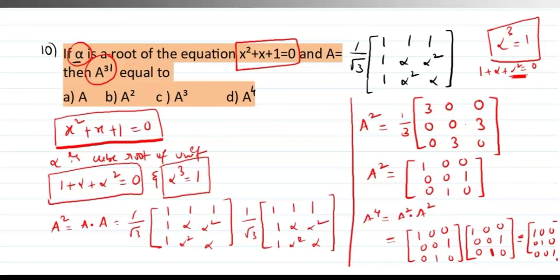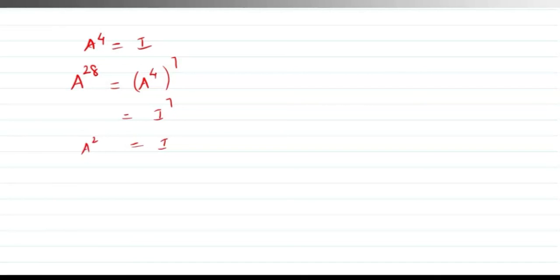So at the end, what we got is that the A power 4 value is the identity matrix. Okay, so A power 4 is equal to I. Now find A power 28. A power 28 is equal to A power 4 whole power 7, that is equal to I to the power 7, nothing but I only. So A power 28 value is I.